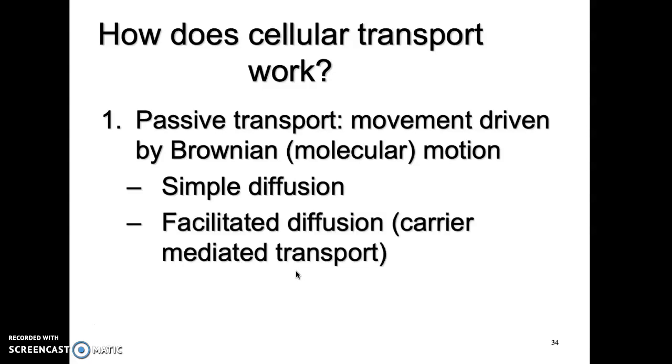And facilitated diffusion is also moving molecules from a high concentration towards a lower concentration, but it's going to involve one of those protein carriers, proteins that are embedded in that membrane. So no energy, no ATP, it's still simple, but not right through the lipid bilayer, but with the use of a carrier.